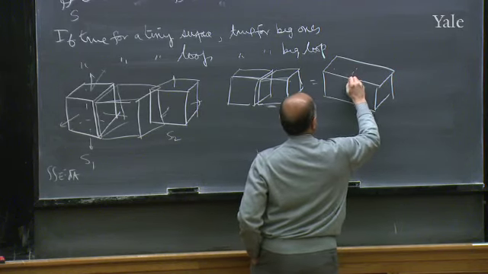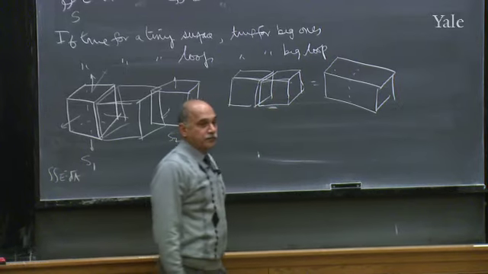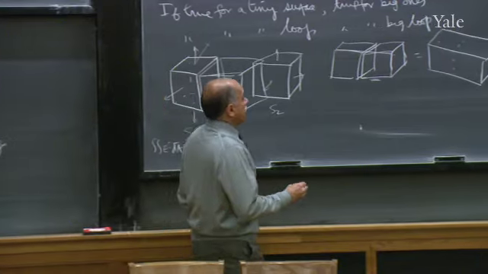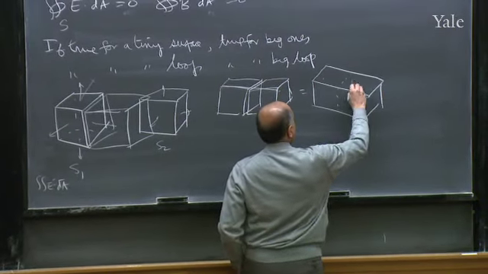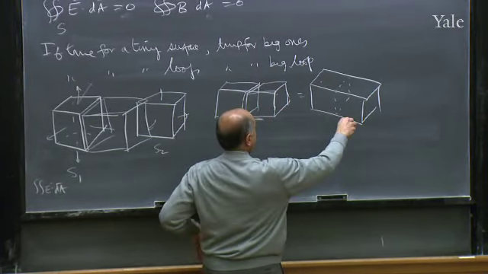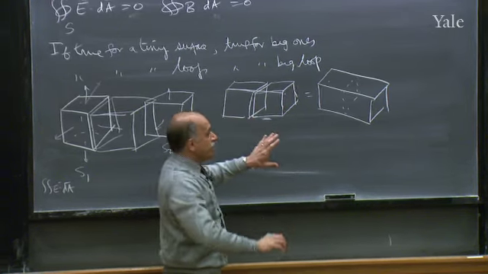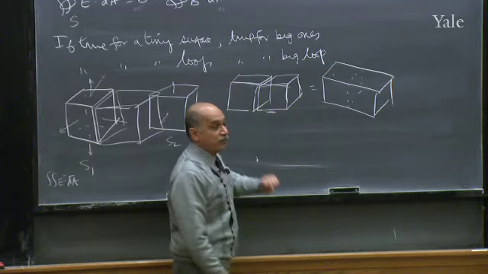The two cubes used to be sharing this. Do you understand why? Let's understand why the integral on this guy, which is two cubes joined to form a rectangular solid, that surface integral is the sum of these two surface integrals.